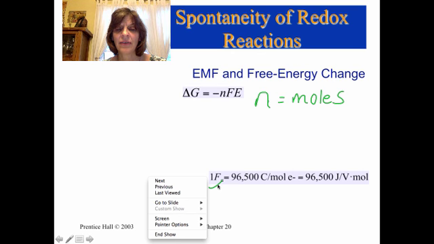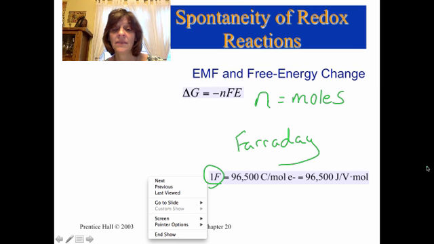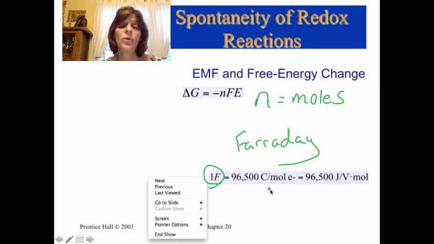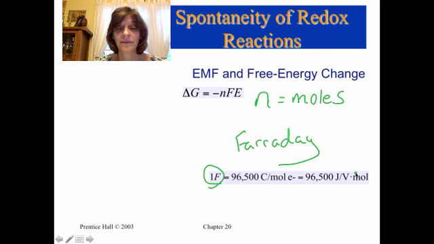And F is named after a man named Faraday, who did a lot of good work with electricity. His constant is 96,500 coulombs per mole of electrons, which is equivalent to 96,500 joules per volt mole.